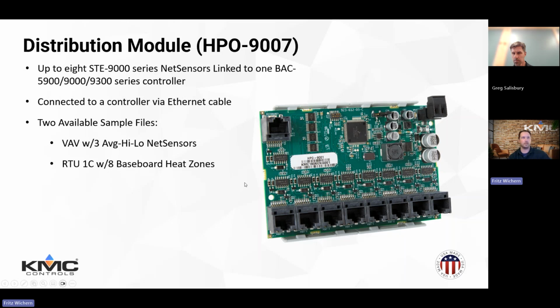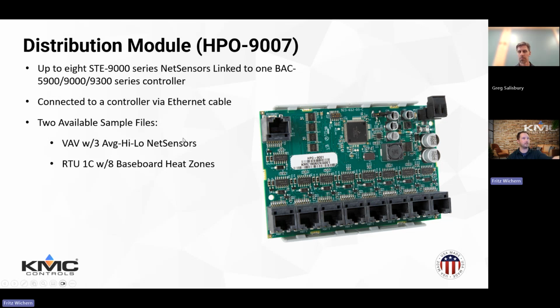It's important to make sure you put those net sensors in order and keep them in line, because if you have some gaps in there, you could run into some issues. This is powered off a separate 24-volt supply, so it's not powered through the controller or the room sensor cord. So make sure you connect that.